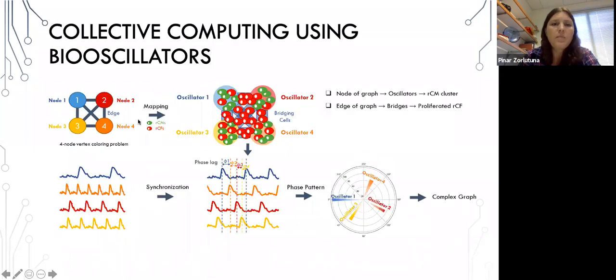So in the experimental setup, and I'm going to show you some of the experiments we have done, the graph coloring problem is mapped to a device where we can pattern and control the location and connectivity of different clusters of cardiac myocytes, or oscillators, in this case, we call them. So this is an example for a 4-node device where you have all-to-all connectivity.